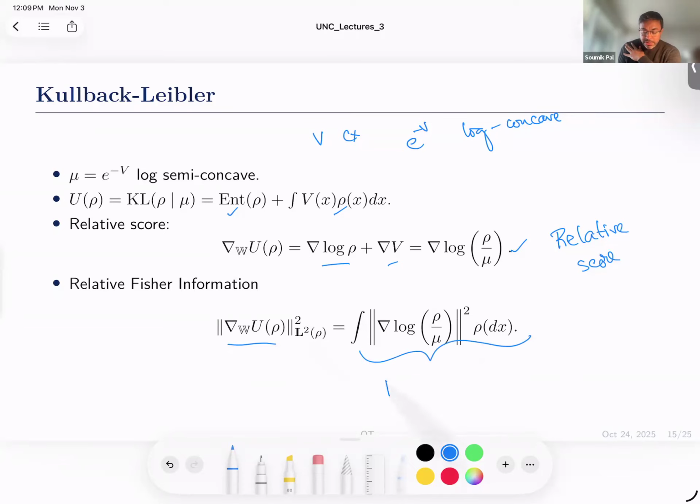This is called the relative Fisher information. It becomes the usual Fisher information if you take mu to be 1. So for Kullback-Leibler, I want you to remember that the Wasserstein gradient is a relative score, and the norm squared of the Wasserstein gradient is the relative Fisher information.